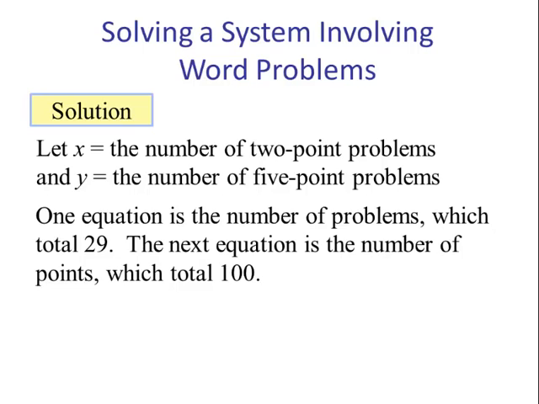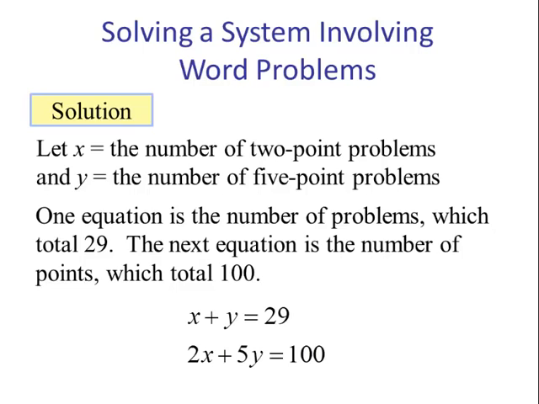So our first equation is going to be x plus y equals 29, the number of problems. The next equation will be 2 times x, because x is the number of 2-point problems, plus 5 times y, because y is the number of 5-point problems, and we know that when these two are added, we have 100 points total.